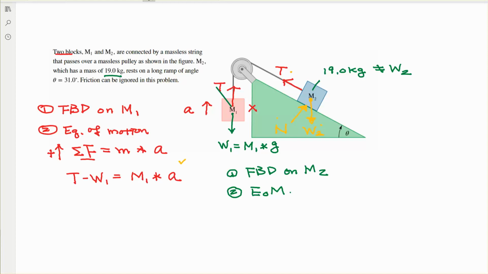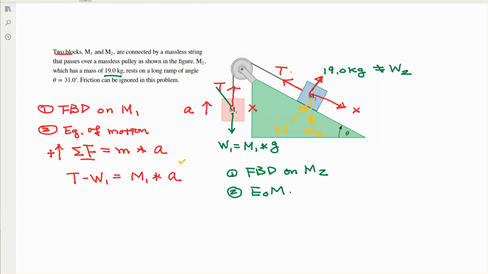When you start to write the equation of motion, you have to define your coordinate. So in this case, I'm going to use an angled coordinate system. I'm going to define my coordinate in this way. I'm going to make the direction along the slope to be the x.